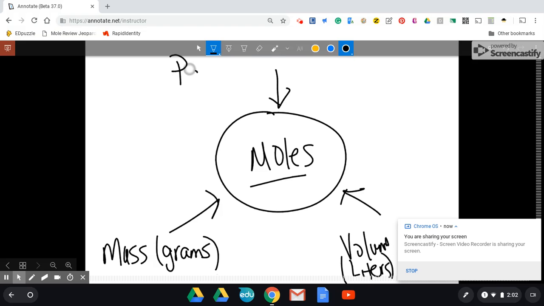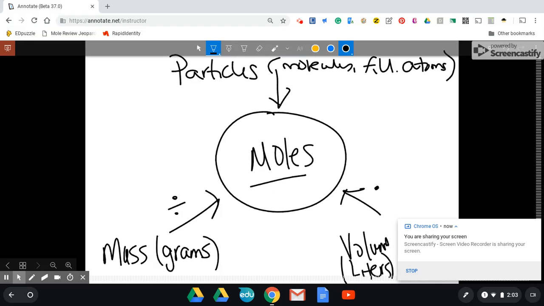If it's volume, remember that's liters. And up here, particles, that would be molecules, formula units, or atoms. So this is how we're going to know what we're doing. Anytime we're going into moles, we have to divide.